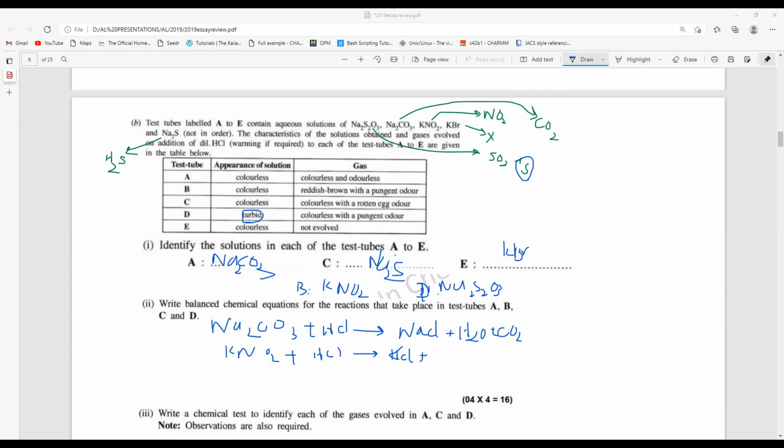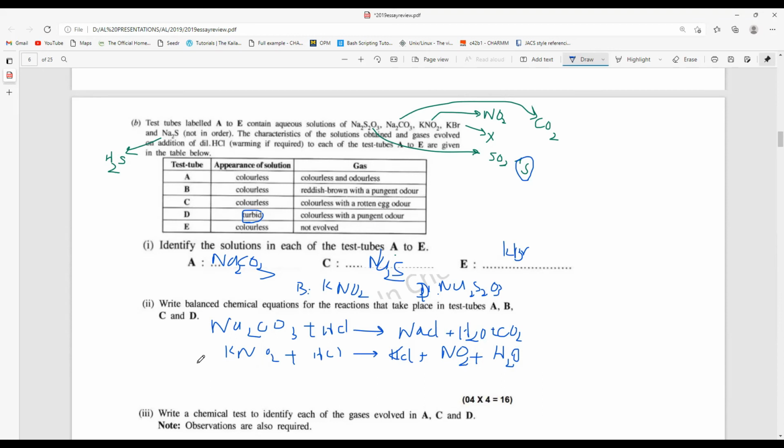So basically HNO2 is going to break down as NO2 plus water. So that is what normally happens. But don't forget, sometimes HNO2 would form NO gas as well. So if you write KCl, NO2 plus NO plus water, it is also correct.